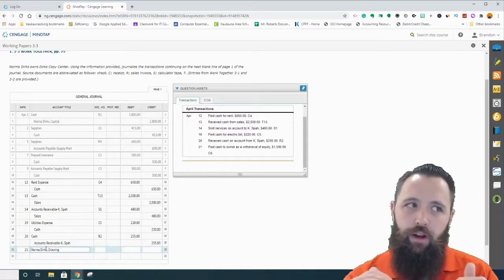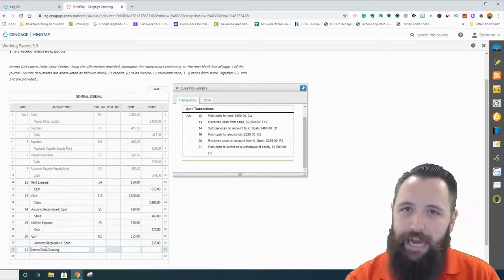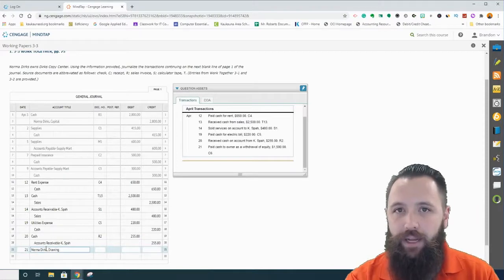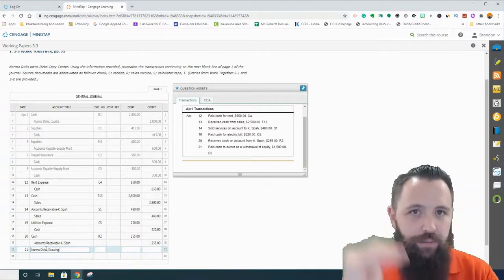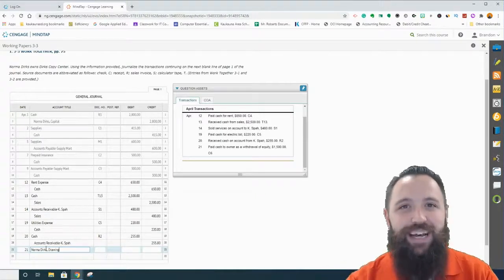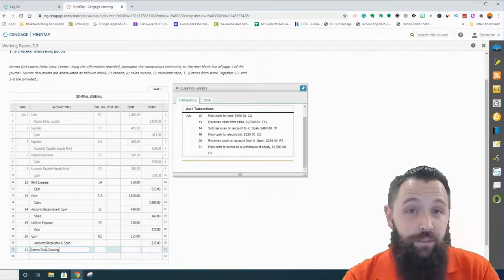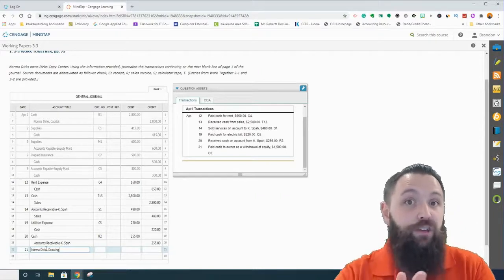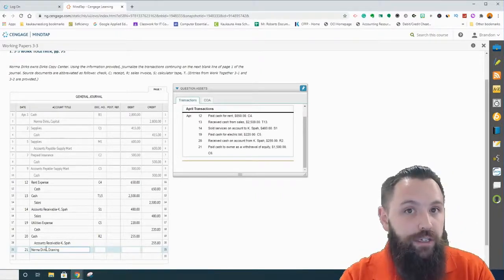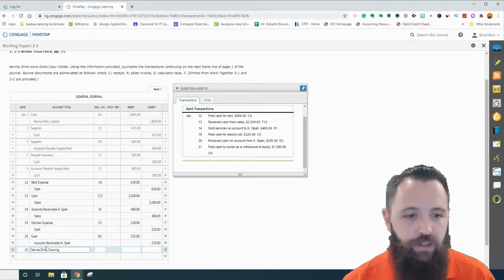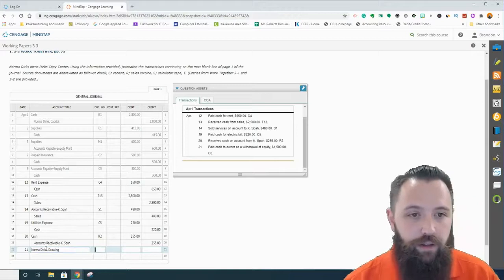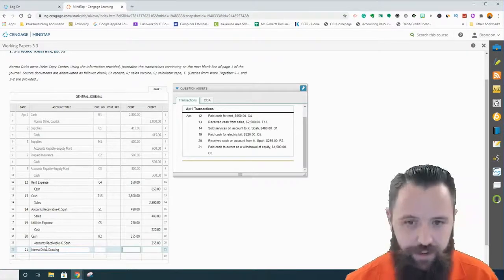So the drawing account is recording every time that we take out money as an owner. So if I take out money twice as an owner, that account just keeps on increasing and increasing. So now with somebody taking out money, is the drawing account increasing or decreasing? It's increasing. We must debit our drawing account, which is the normal balance. Drawing has a normal debit balance, so we increase it on the debit side.